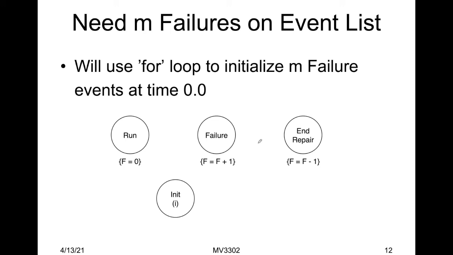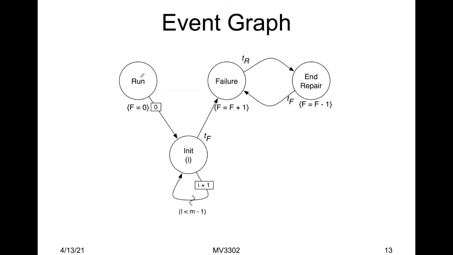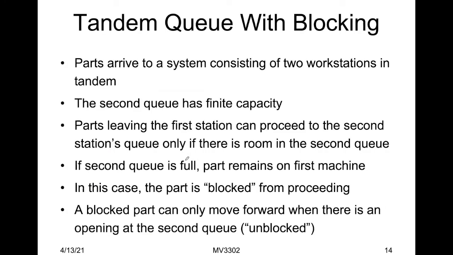And this is where the event graph version of a for loop is important, because we need to schedule all of those. And the only way to schedule an event in an event graph model is with another event. Okay, so we're going to have to use this sort of init guy to schedule the initial failures. And what does that look like? Okay, so first, this is our for loop here.